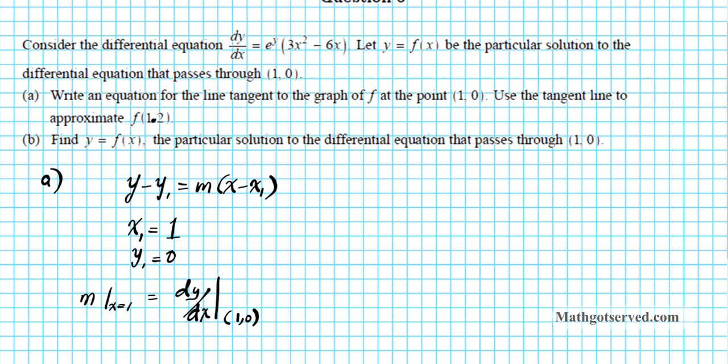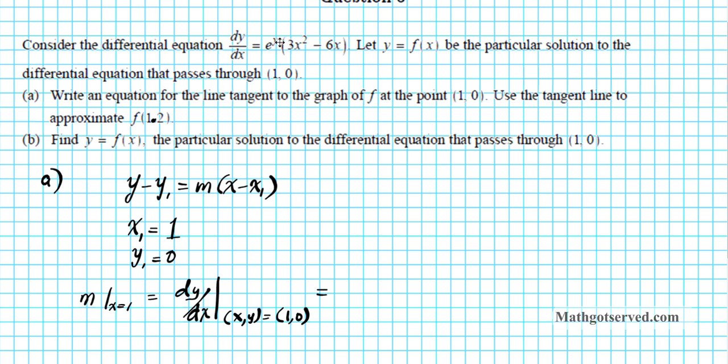Or I can write it, let me change my notation a little bit, as the derivative where (x, y) is equal to (1, 0). Same thing as what I wrote before, but this tells you that x is 1 and y is 0. So what does that mean?